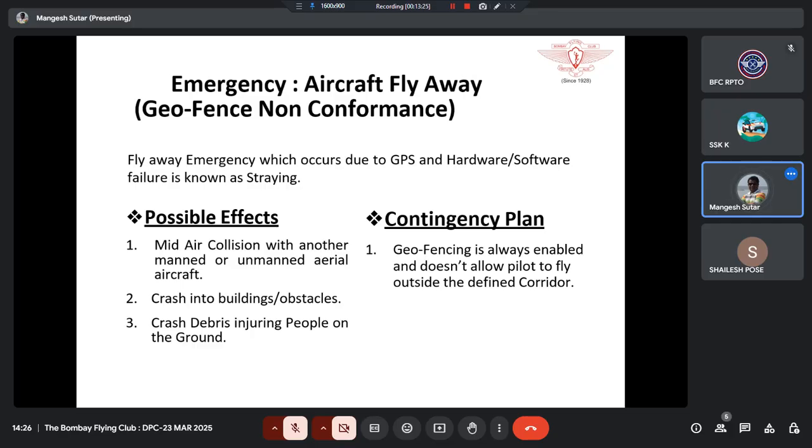It could crash with another drone, or it could crash with a manned aircraft also, or it could crash into a building or obstacles, and the crash debris could hit people on the ground also. How severe can it be? You have seen the collision of the aircraft with the World Trade Center.